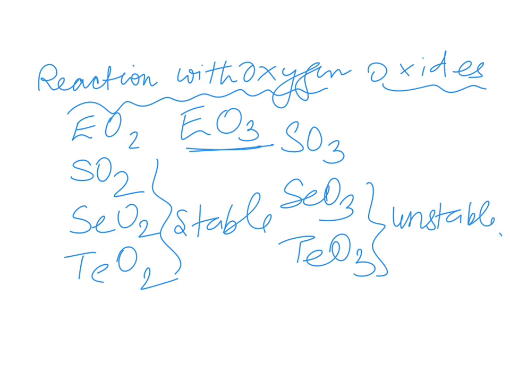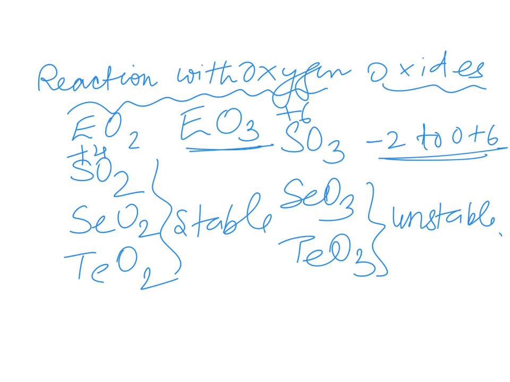In this, you can see the oxidation state of sulfur here is +6 and here it is +4. That is, it can form oxides with oxidation states from -2 to +6.